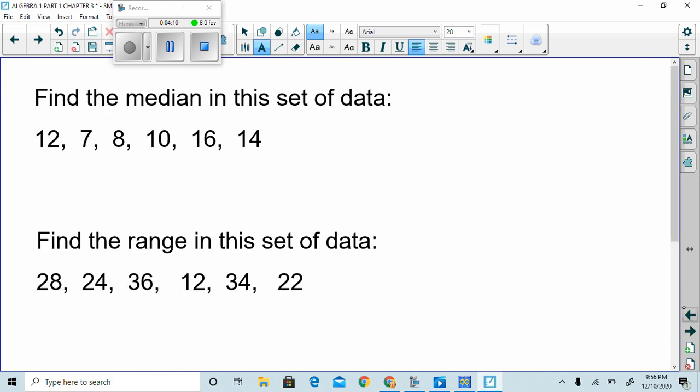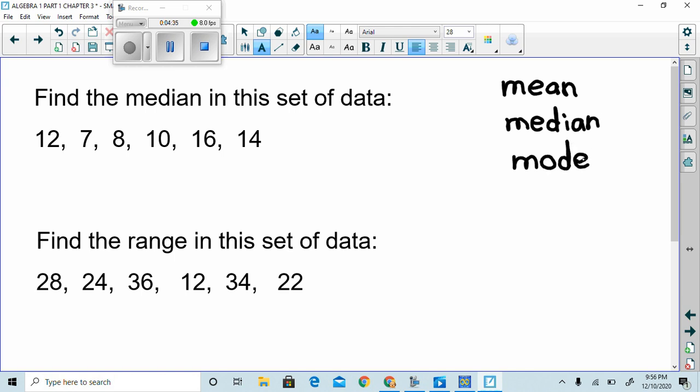We then talked about measures of central tendency, words like mean, which was the average, add them all up and divide by the number of terms. We had the median, which is the middle number when ordered from least to greatest. We had the mode, a number that might appear most often.